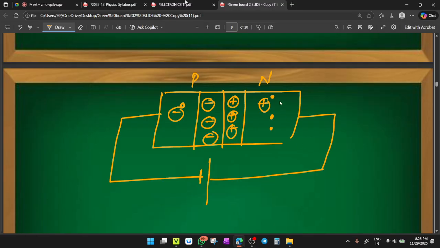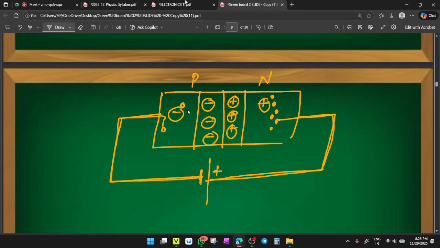So what will happen? These electrons get attracted towards the plus polarity and enter the positive terminal side, and holes from this region enter the negative terminal.